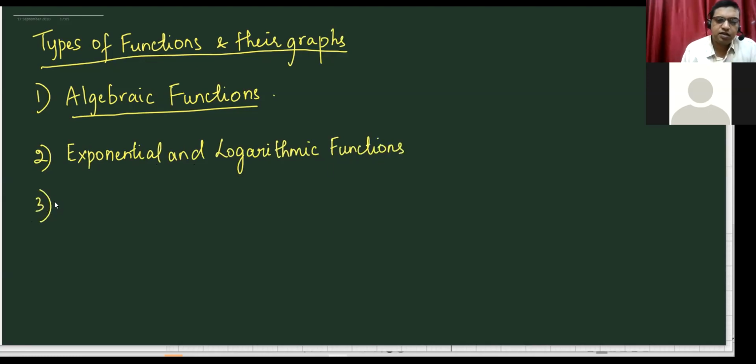Then we'll discuss trigonometric functions. After that, trigonometric and inverse trigonometric functions. So we enter into trigonometry in a smooth transition.